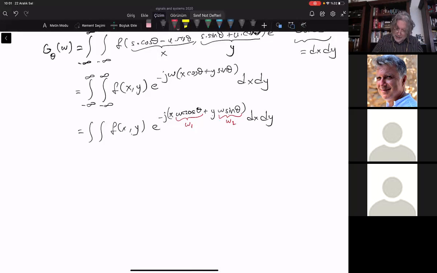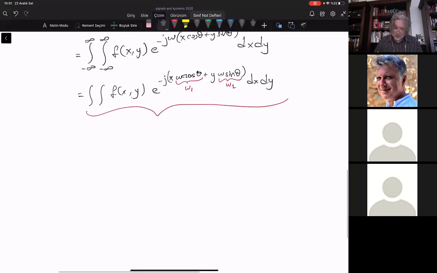So the whole thing, therefore, boils down to the Fourier transform of f of omega 1, omega 2 at omega 1 being omega cosine theta and omega 2 being omega sine theta.